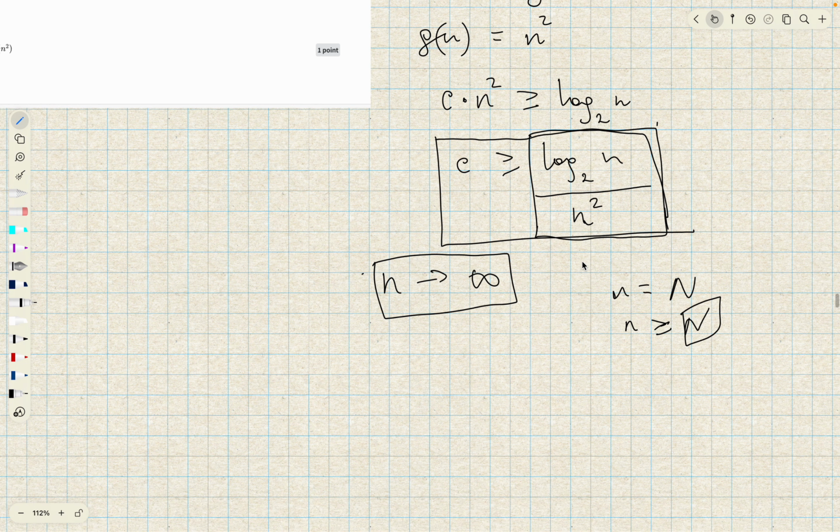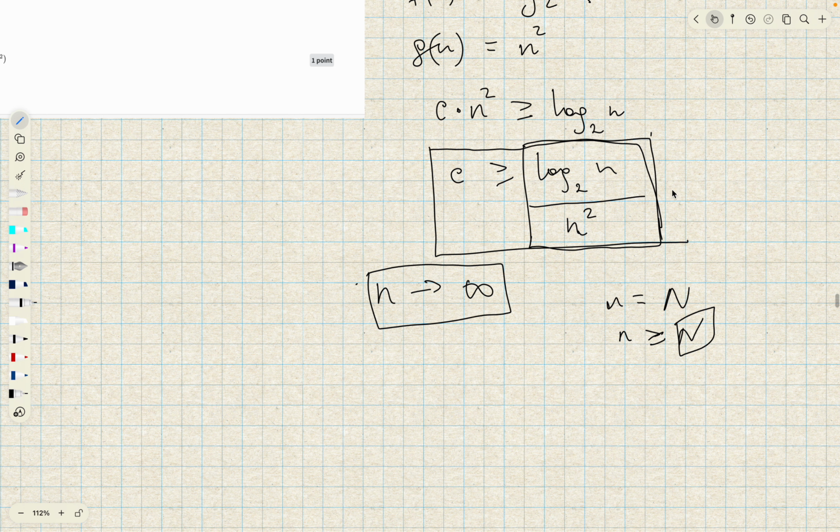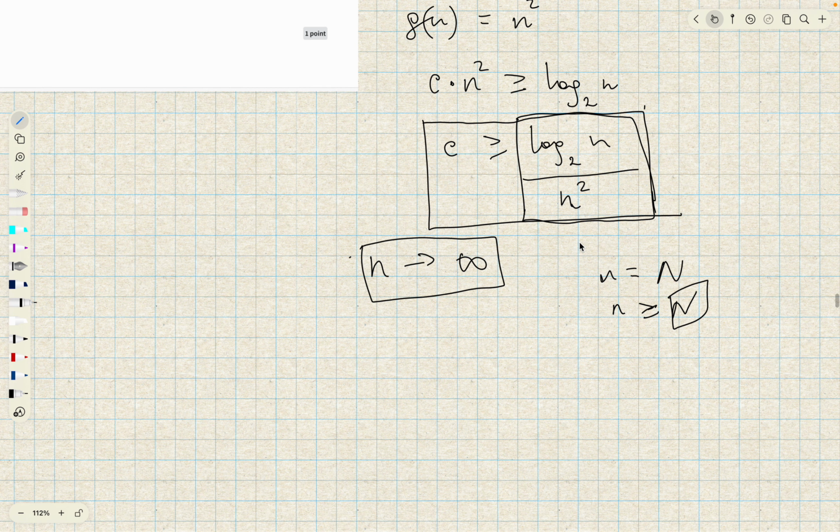Now let's analyze this. As n goes to infinity, we cannot calculate this division because the denominator becomes an infinite number, so we cannot find a real value.